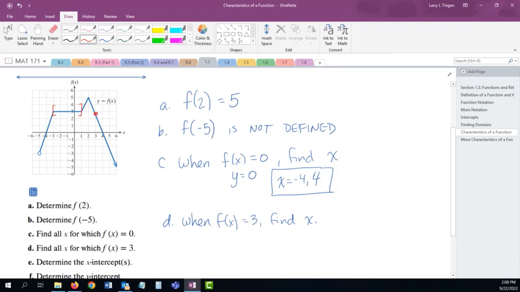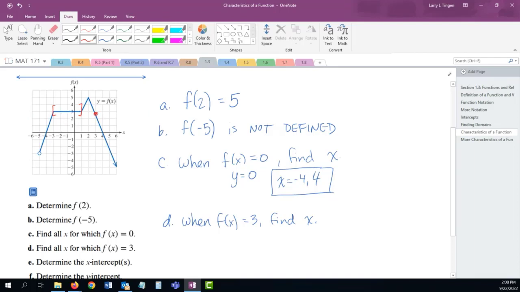Well, anytime I'm talking about an interval for values of x, this is part of my domain. And it starts at -3 and it goes until 1. If you plug in any value of x between -3 and 1, you get out 3, right? Does everybody agree to that? If I plug in -2, I get out 3.